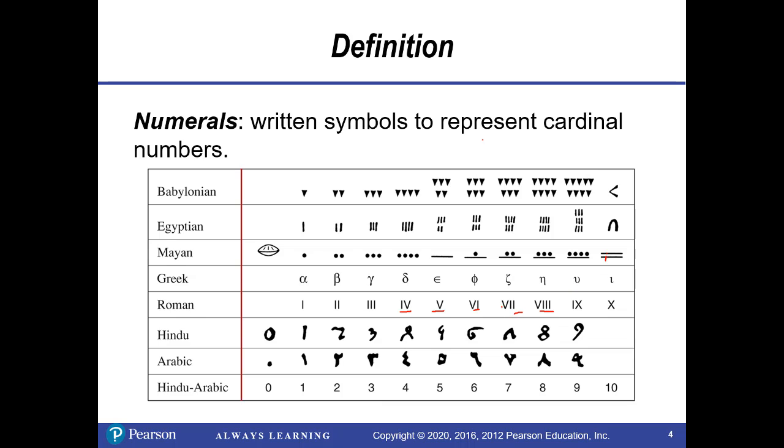These are additive systems. The Romans also had a subtractive component. If a letter comes in front of another one, it is subtracted from it. That's because the Roman rule was that no more than 3 of the same letter could appear in a row. You couldn't have more than 3 I's, or more than 3 X's, or more than 3 C's, or more than 3 M's. 3 was the maximum.